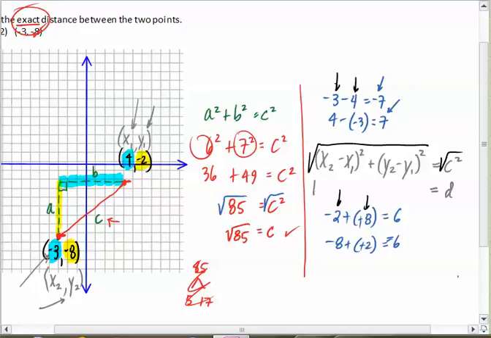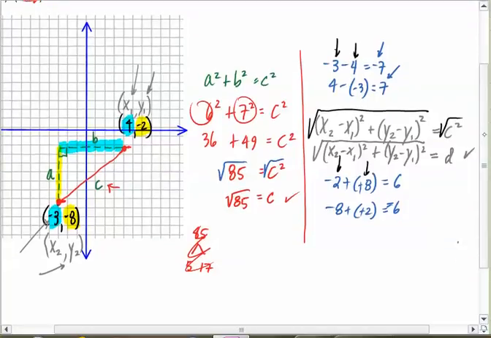And so here's what we have for the distance formula. We have x2 minus x1 all squared plus y2 minus y1 all squared. And if we take the square root of that, that gives us the distance between any 2 points.